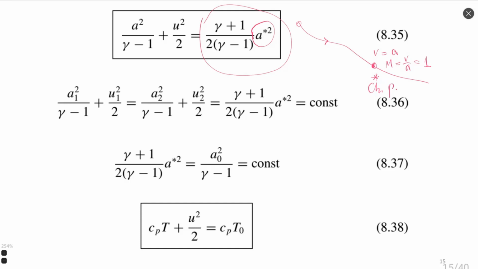So same, absolutely. Characteristic point. This characteristic point is not just characterized by Mach 1, it's also characterized by a specific value of speed of sound. It's characterized by specific values of temperature, density, and pressure. This will probably be just one of the next slides.